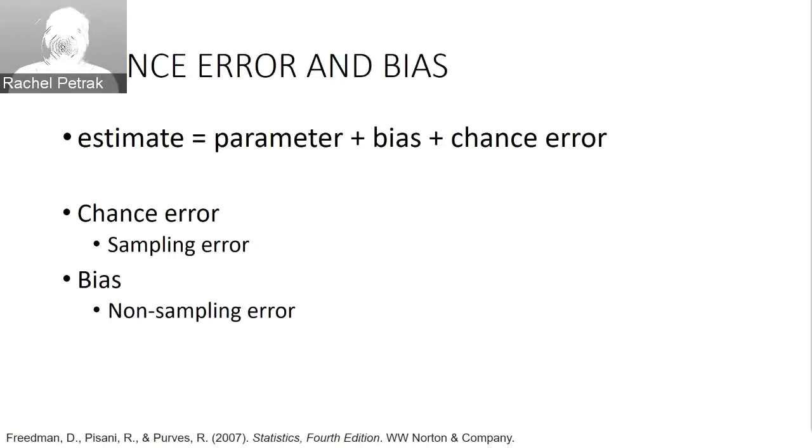The error in that sense is not housed in the sampling procedure as it is in chance error, where the sampling error is part and parcel of the chance process. Instead, when we're talking about bias, it's always referring to non-sampling error, which can be minimized through the use of good research methodology and study design.